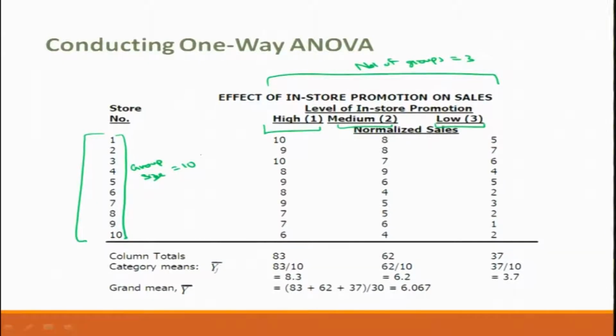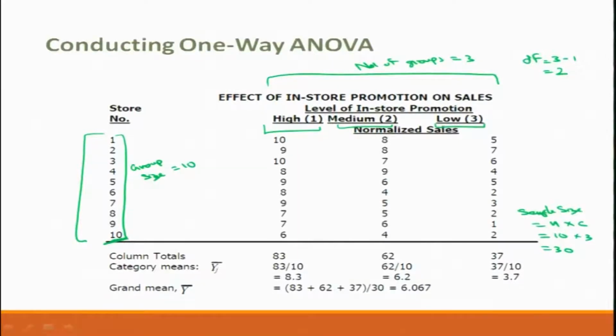The degrees of freedom for the number of groups would be 3 minus 1 is equal to 2. The sample size, that is group size n into c, is 10 into 3 is equal to 30.